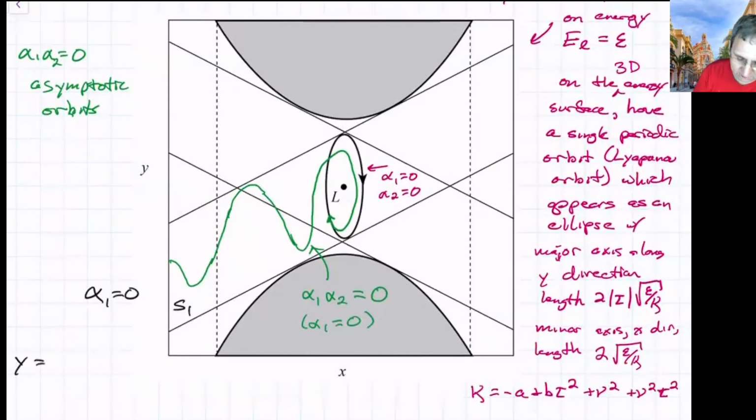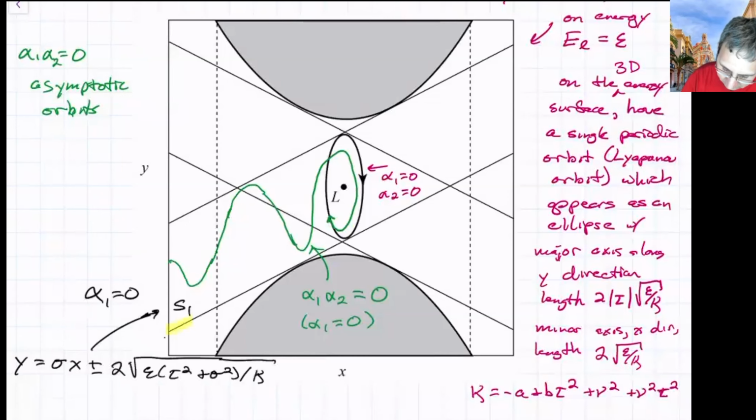It looks like y equals sigma x plus or minus 2, and then square root of epsilon tau squared plus sigma squared over kappa, or it's the same kappa. That's giving these two bounding lines for this strip that we're calling S1, or that Conley called S1.